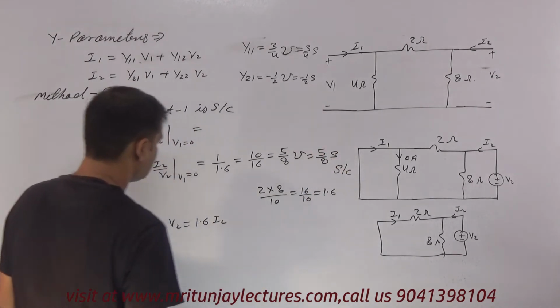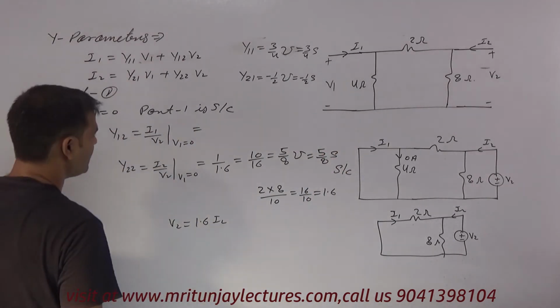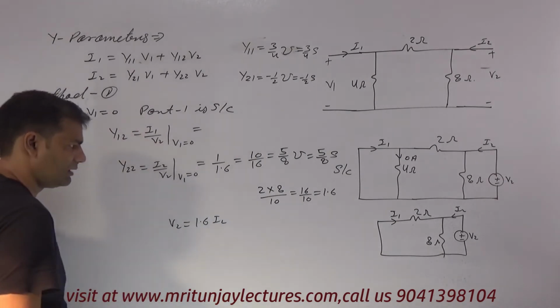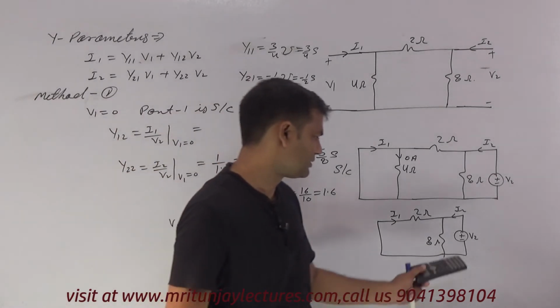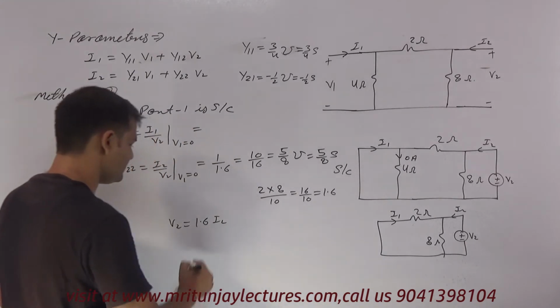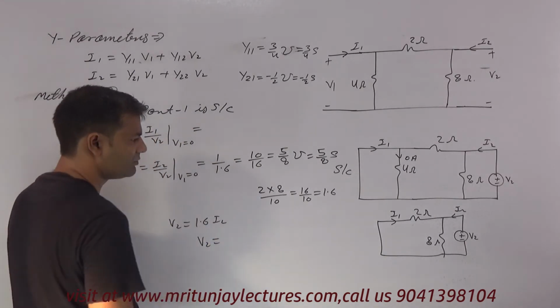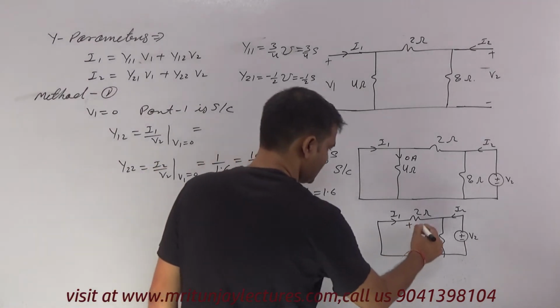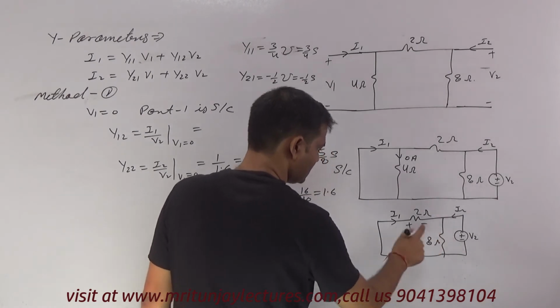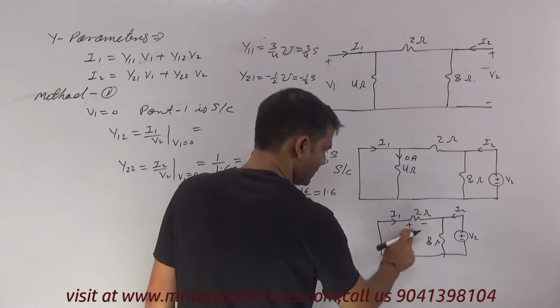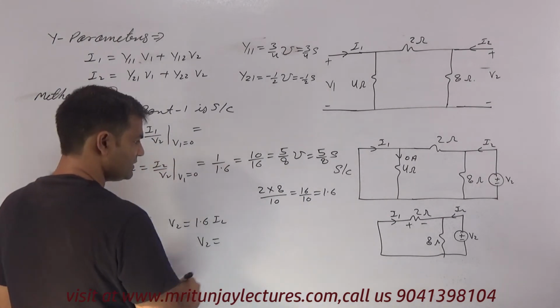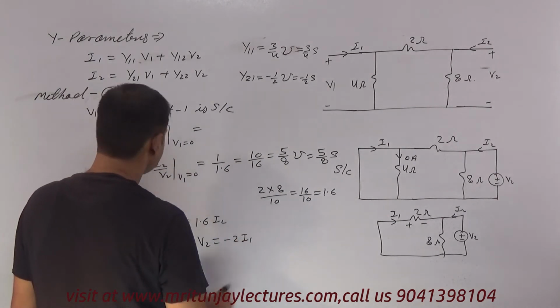Yes. Now the next target is the relation between I1 and V2. Very clear. V2 is plus minus and this is the opposite; both are parallel but the polarities are opposite, that's why V2 is written as minus 2 I1.